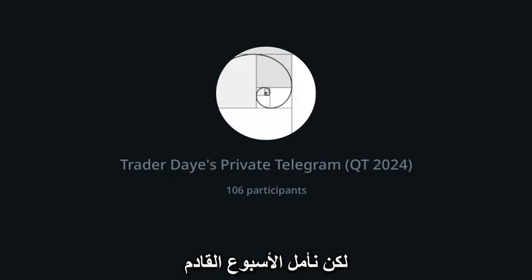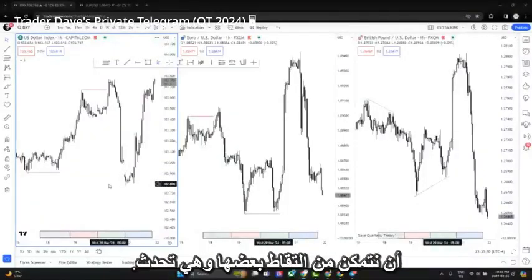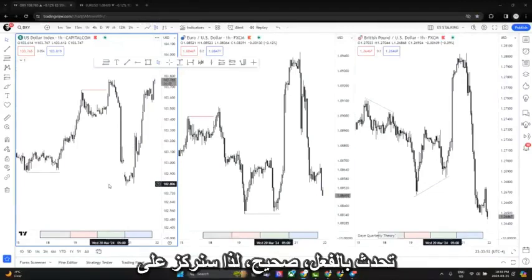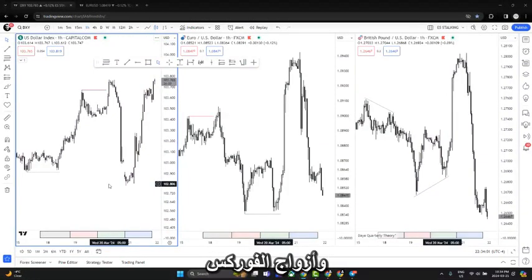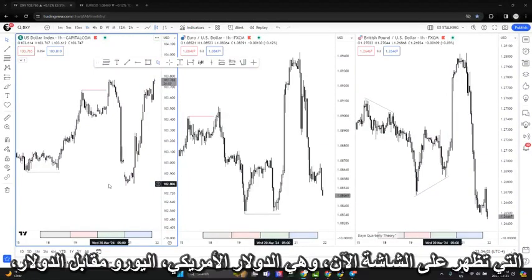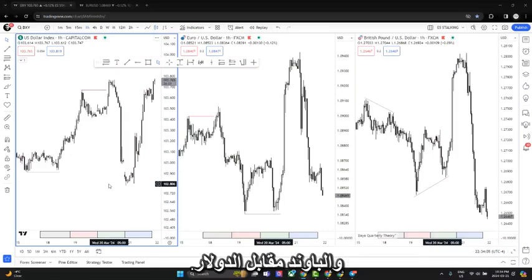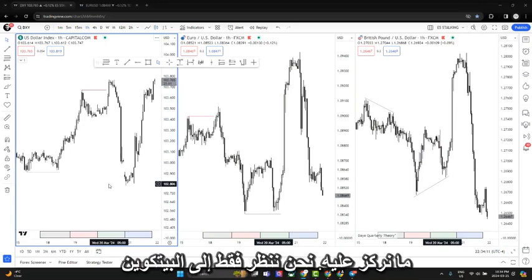But hopefully next week, we can catch some in action. So we'll be focusing on ES and NQ, the Dow, and the Forex pairs, which are on the screen right now, which is the US dollar, EU, and GU. So this will be mostly what we're focusing on.